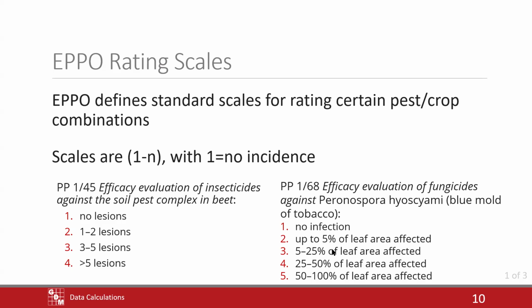You're not asking an individual to know the difference between 10% and 15% area infected if you made them put in that specific number. It's easier to have a whole category: this is a 5% and this is a 25, so if you see anything in this range, that's what a number 3 looks like.